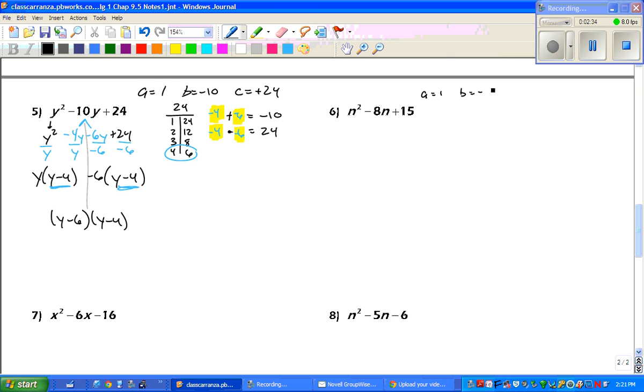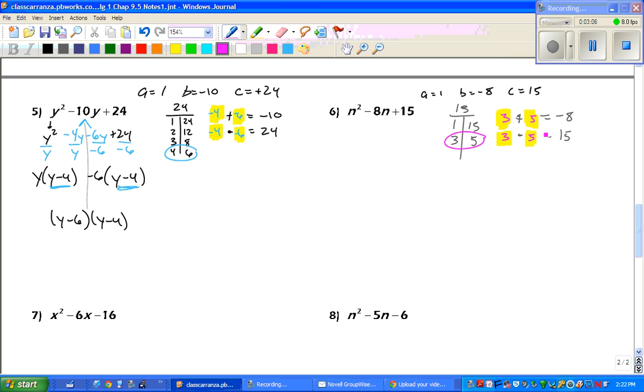So a is 1, b is negative 8, and c is 15. Let's do the factors of 15, which is just 1 and 15, 3 and 5. I want numbers that add up to negative 8, but multiply to positive 15. So 3 and 5.